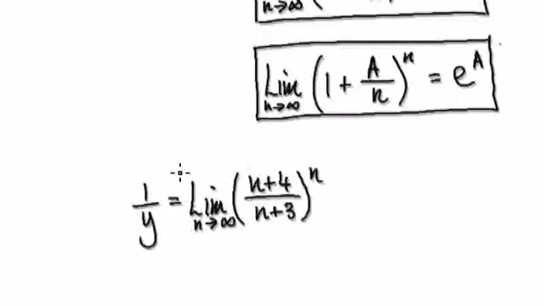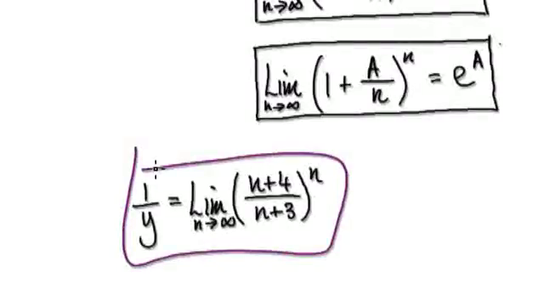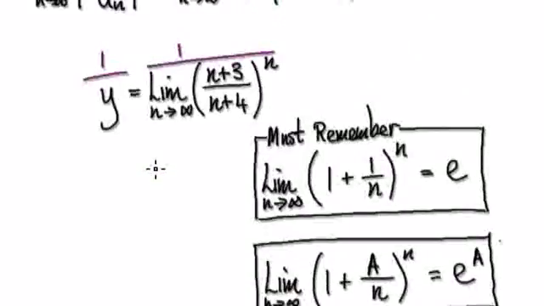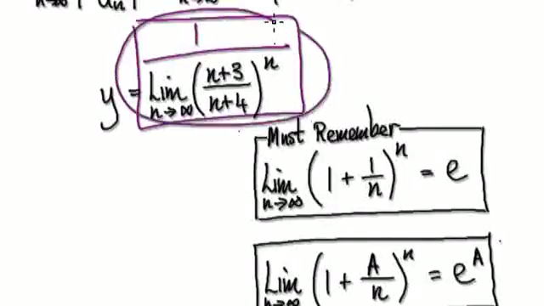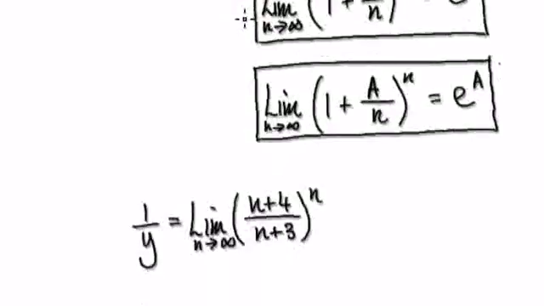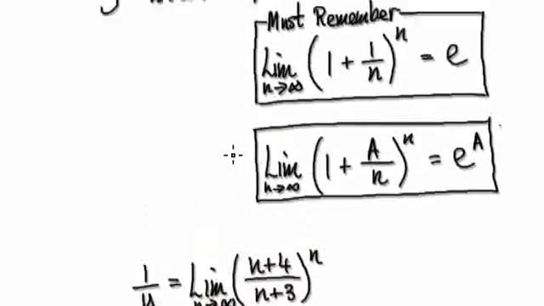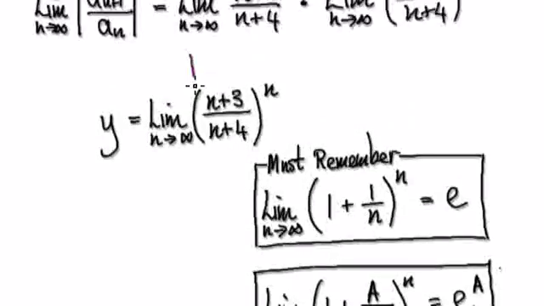So the thing is, when you take the reciprocal of this, 1 over this thing here, this whole thing here will then become this. Even though you've got an n here, all you need to do is turn these upside down. That's all you need to do.